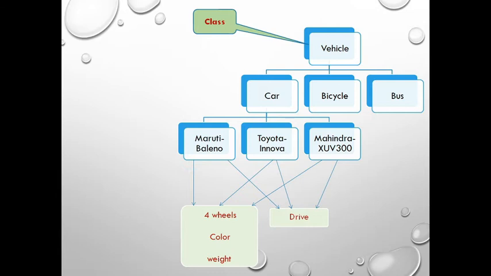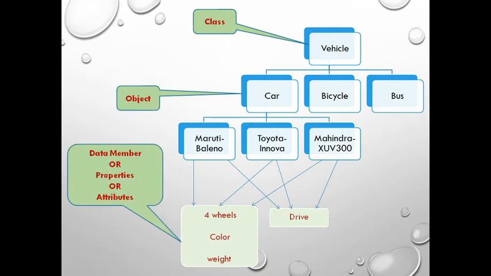Then, a car, a bicycle or a bus is known as an object. An object is an instance of a class. When a class is defined, no memory is allocated. But when an object is created, memory is allocated.